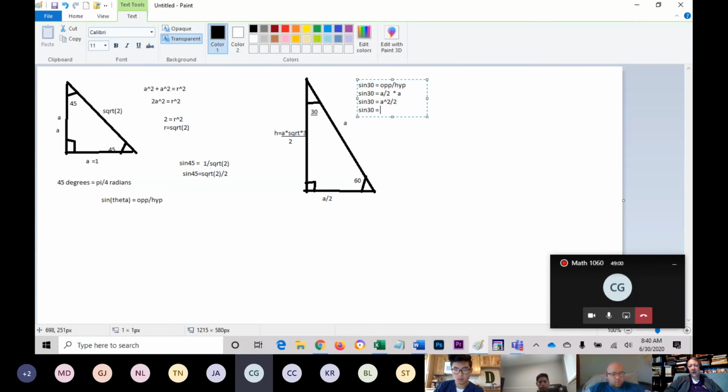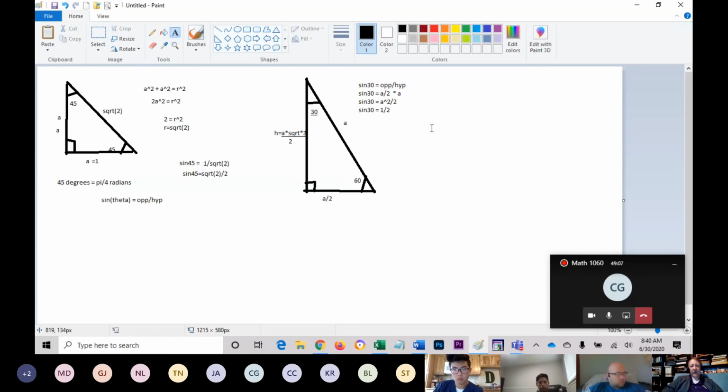Would it be 1/2? Yeah, 1 squared is 1, so 1/2, okay? So that's going to be another key thing that we're going to want to remember. So the sine of 30 degrees is going to be 1/2, okay?